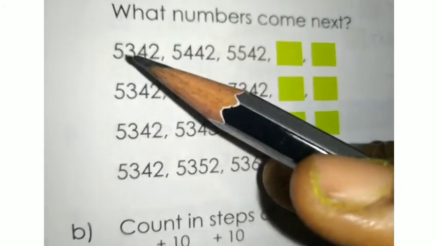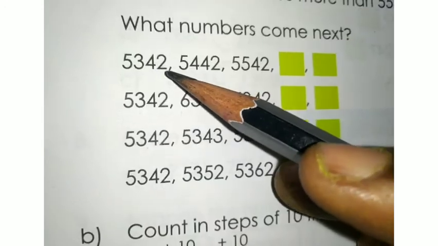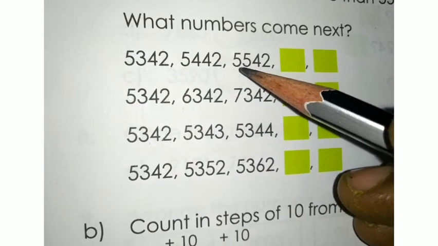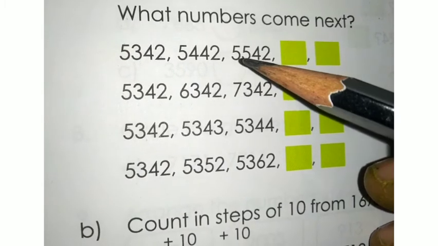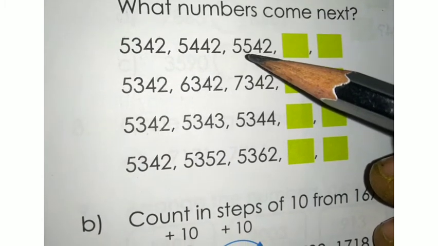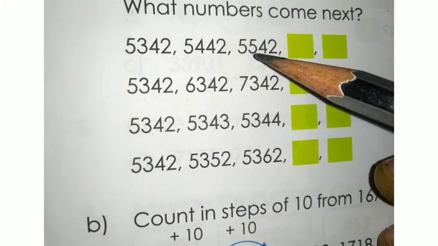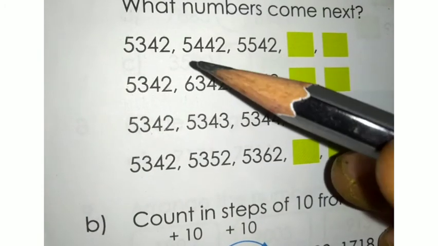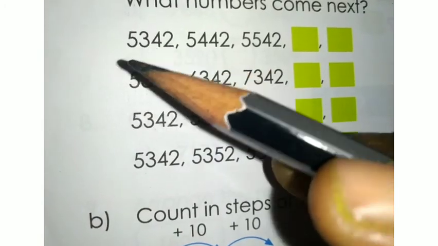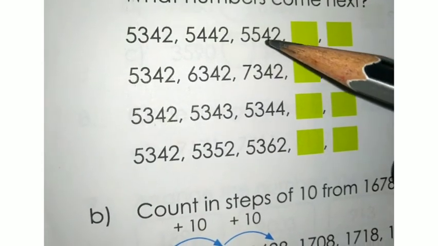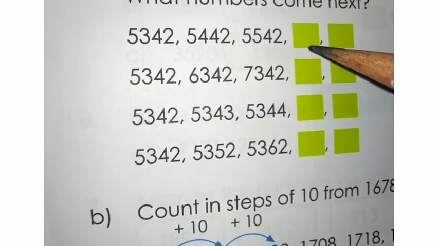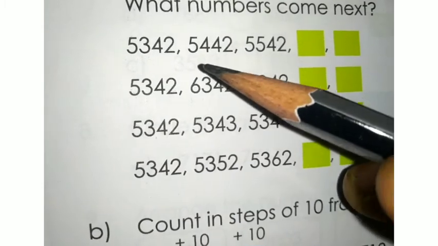You have to check from the ones place. In the ones place, 2, 2, 2 is there for all three numbers. Then move to the tens place, 4, 4, 4. Then move to the hundreds place, 5, 4, 3, or from the beginning 3, 4, 5. Then what comes next in the empty box?